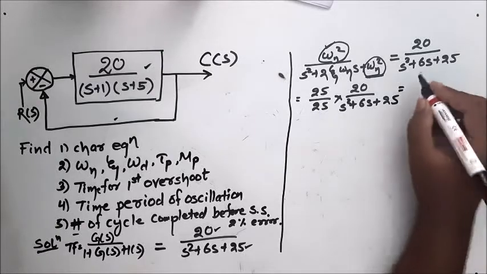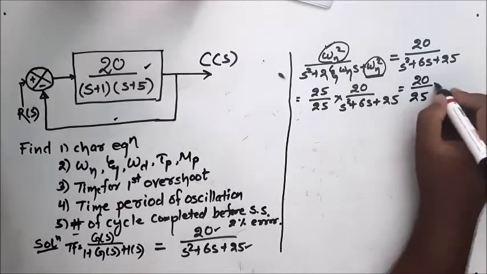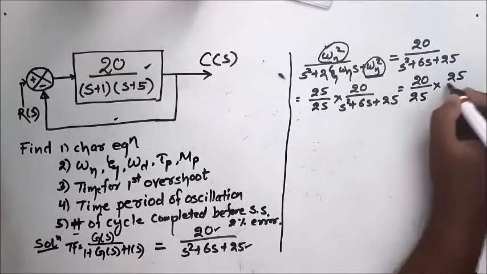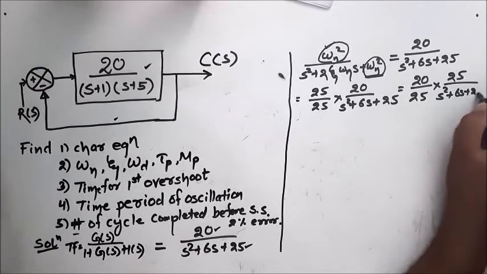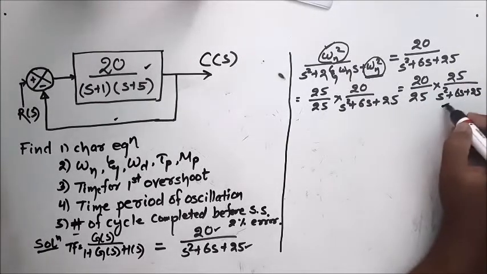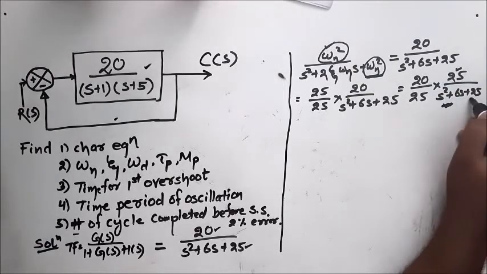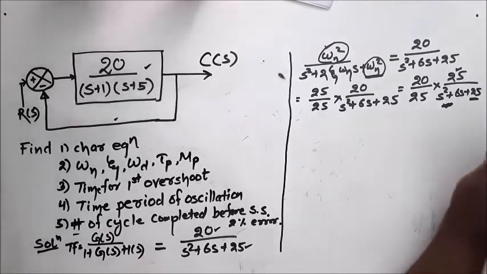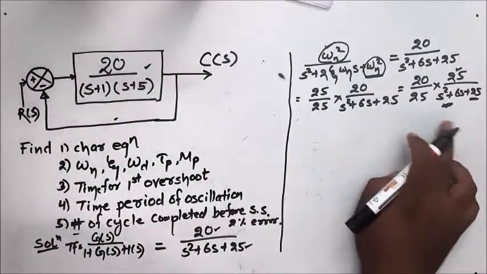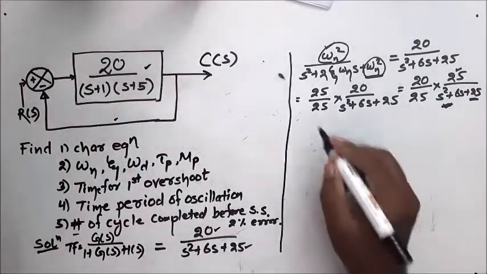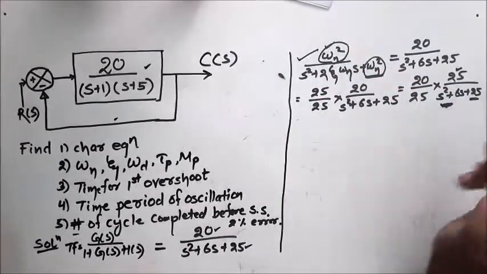If I rearrange this, I reach 20 divided by 25 into 25 divided by s square plus 6s plus 25. This is the equation I need: the numerator should be the same value as the constant. Are you getting this equation?